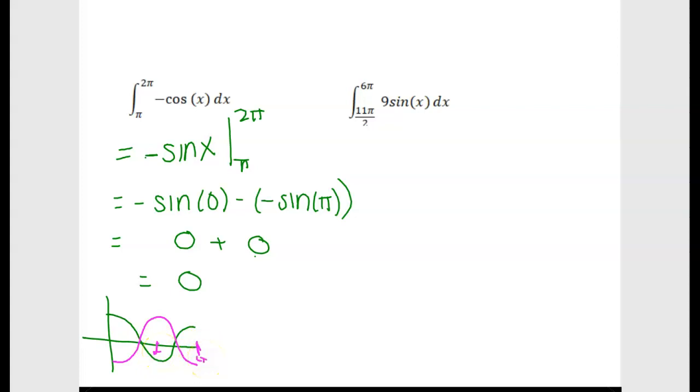And that should make sense, right? Because half of it is above and the other half of it is below. So the area above minus the area below cancel each other out. Again, my drawing is not to scale.